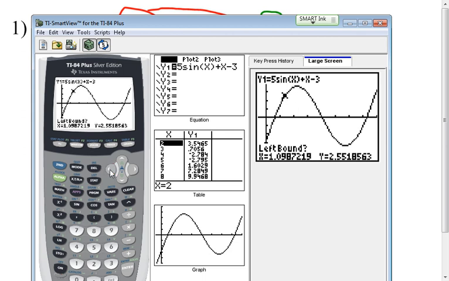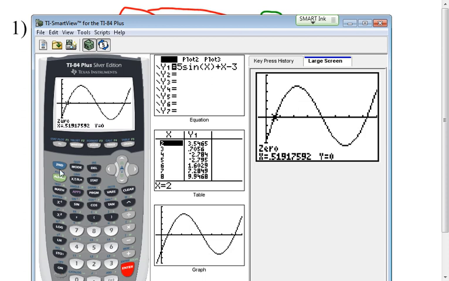That means your cursor needs to be a little bit left of that spot where it crosses the x-axis. So I'm going to move my cursor right here so that it's a little bit left and hit enter. Now notice it's asking me for right bound, so I'm going to go a little bit right and hit enter. And then I'm going to put it right on that intersection point and hit enter. So my first answer is 0.519 again.